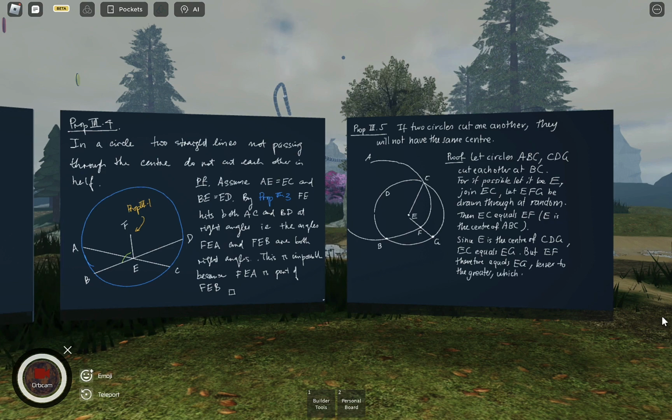I find this argument very suspicious. Hence, the centers are not the same. Okay, let's try and rescue this pseudo-proof.